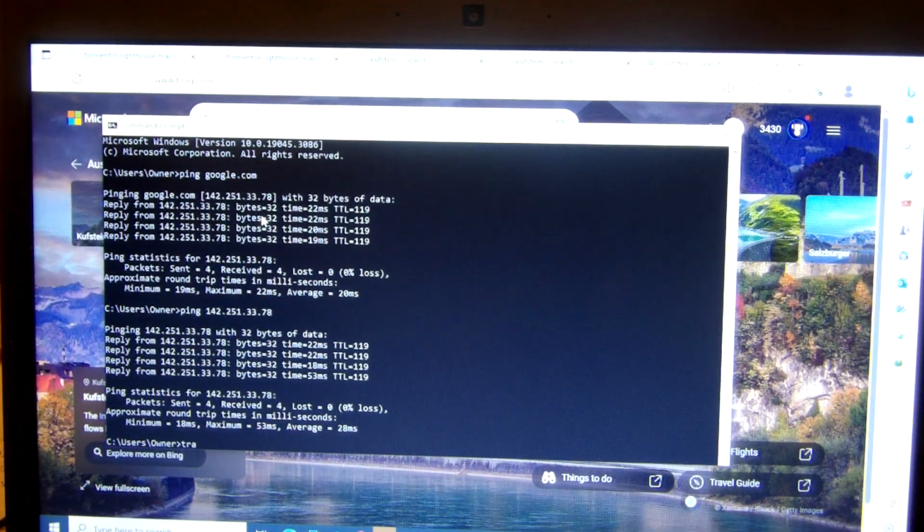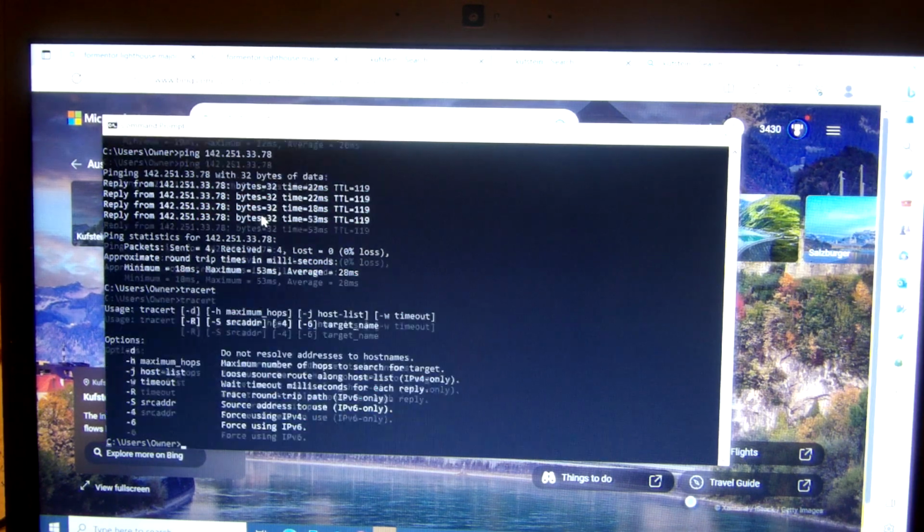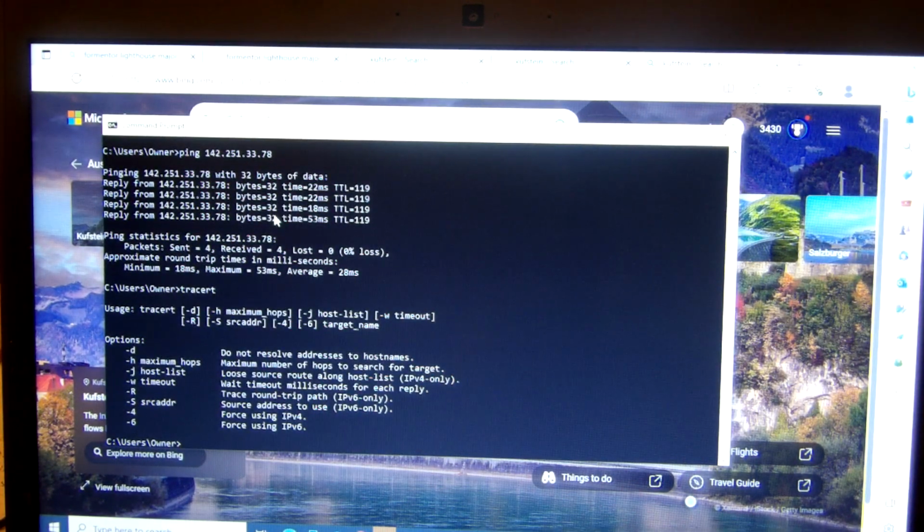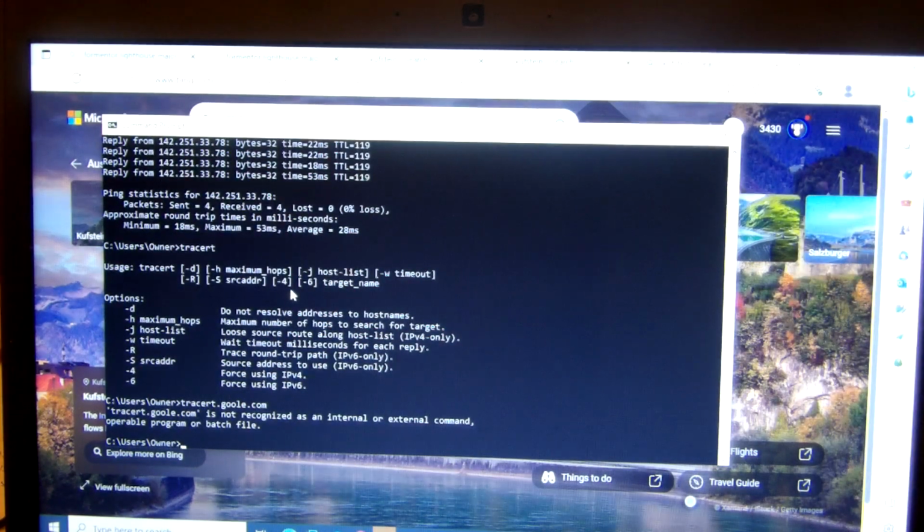Another thing is tracert. Okay, we talked about it, but you have to write it as tracert google.com. Okay.